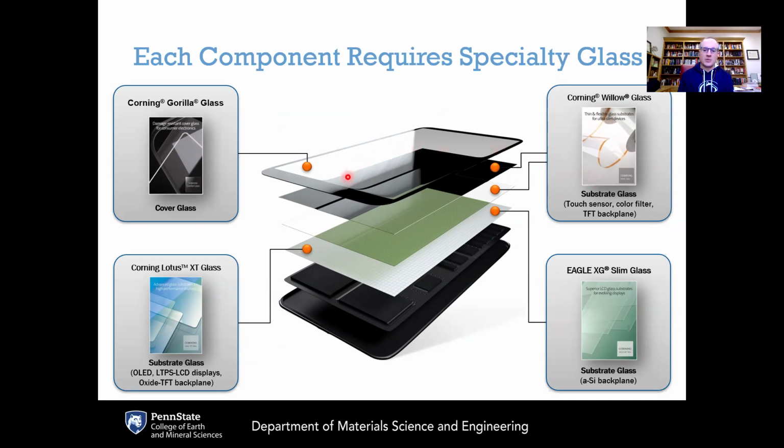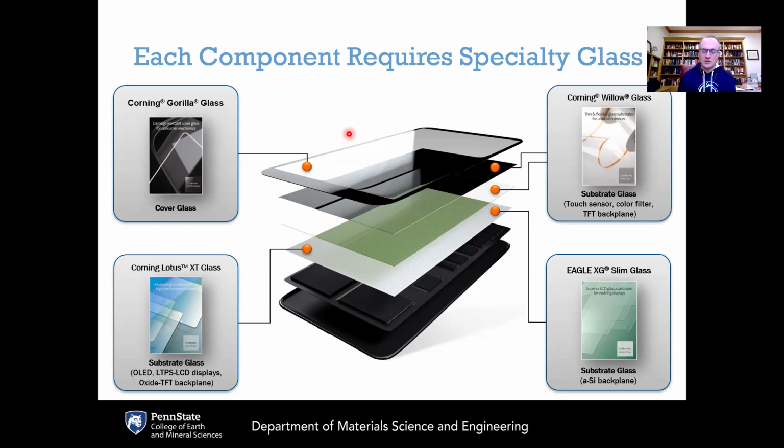For example, what we're going to focus on here is actually this outer cover. This is, for example, Corning Gorilla Glass. This is a chemically strengthened glass that uses an ion exchange process governed by diffusion in order to strengthen the glass and provide the mechanical protection that the smartphone needs against things like scratches, indentations, and drops.